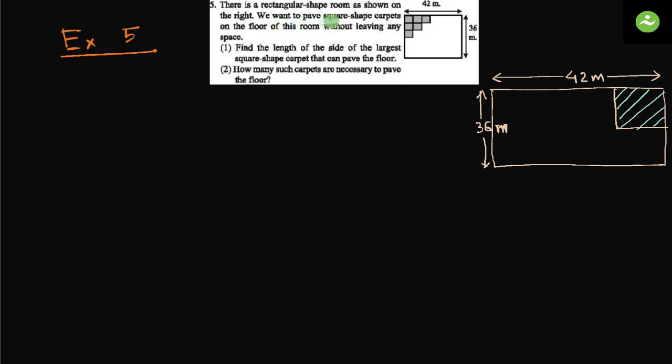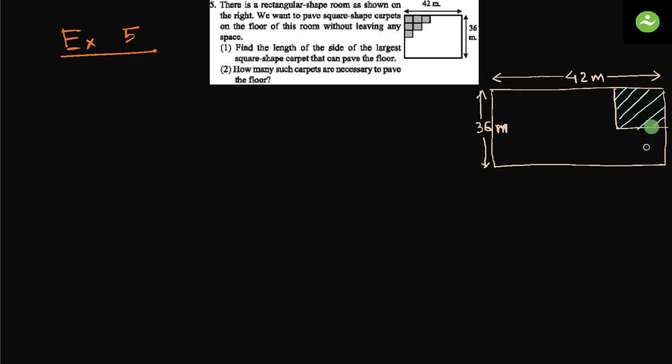So we want to pave square shaped carpets on the floor of this room without leaving any space, meaning they want to cover it completely with the square shaped carpets. Now question number 1: find the length of the side of the largest square shaped carpet that can pave the floor. Here they didn't say how many carpets you will need.